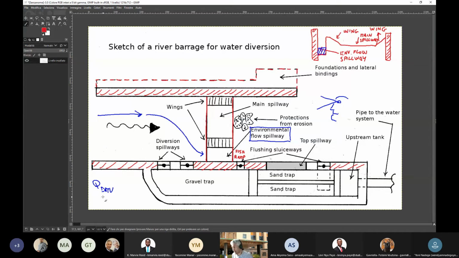Okay, and then there are the wings. Why do we want to put wings there, and why don't we go straight against the side walls? Because we want as much as possible to keep the flood flow far from the hill slopes. So we want to create an obstacle to reaching the hill slope, and then we put the wings. Of course, you may say, okay, but the wing is also increasing the water elevation upstream.